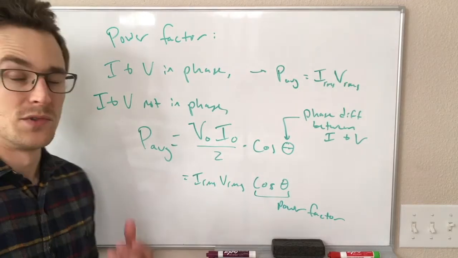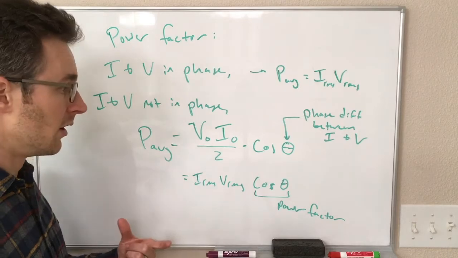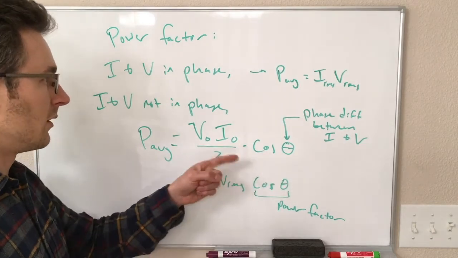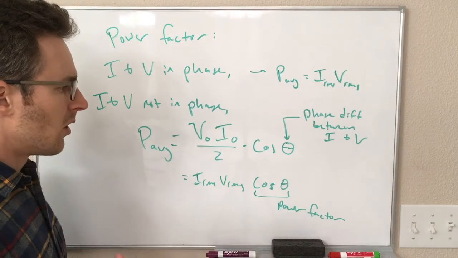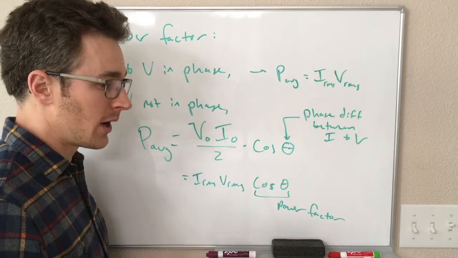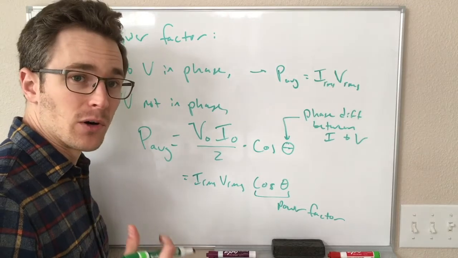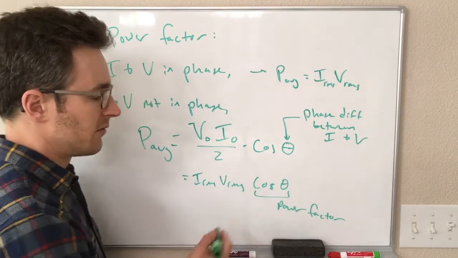Okay, so two extreme cases. If the two things are in phase, like for a resistor, theta is 0, cosine of 0 is 1, and we get back our equation from before. If the two are 90 degrees out of phase, which is what we would have for an ideal capacitor or an ideal inductor, then we're taking the cosine of 90 degrees.